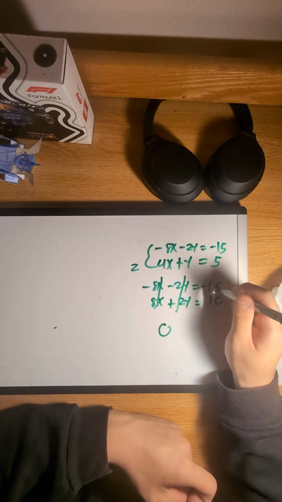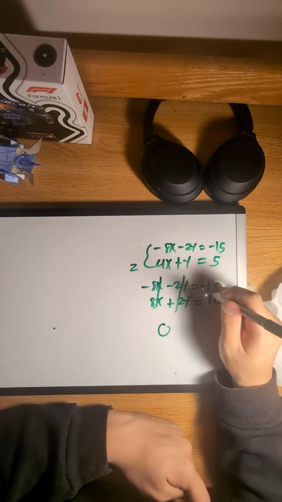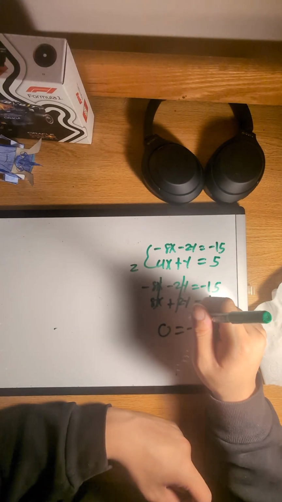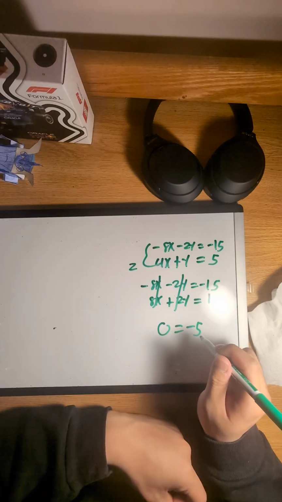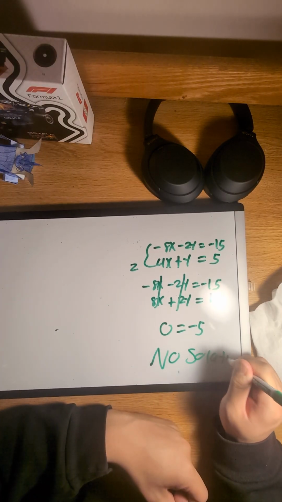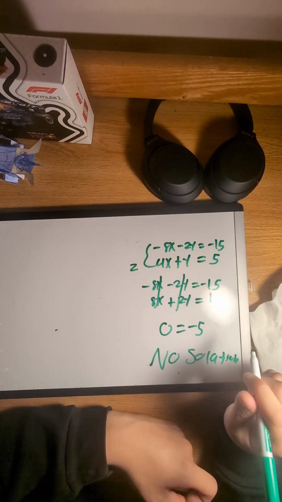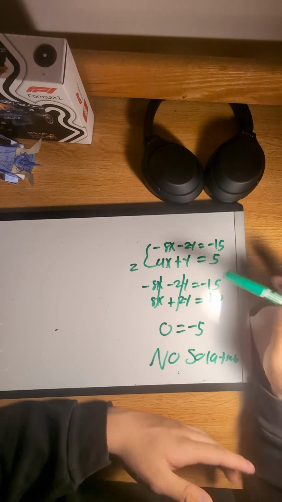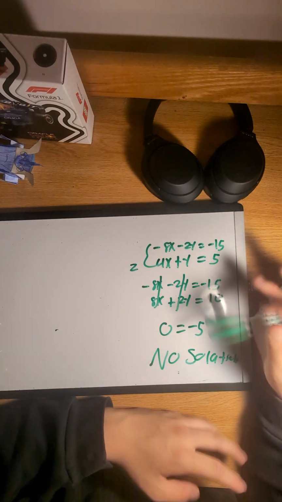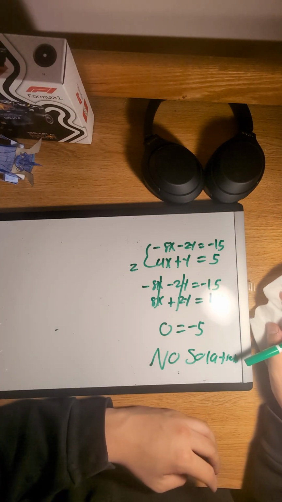Make sure you also add the right sides together, so that gives us negative 5. So 0 equals negative 5. This is actually no solution, as both the x value and y value cancel. If they didn't cancel, we'd follow similar steps as the substitution method and find it that way. But this is that problem, so it's important to note that.